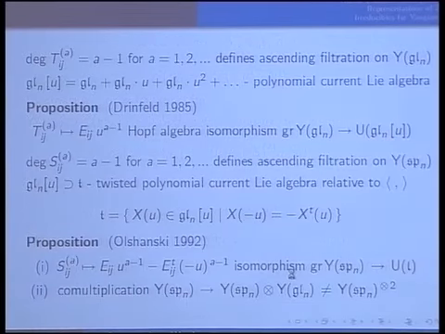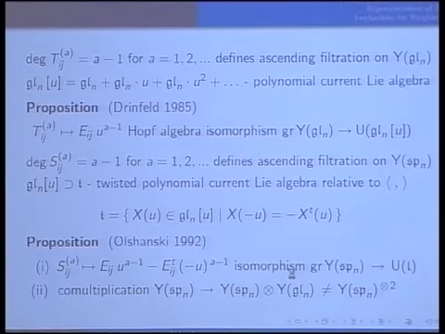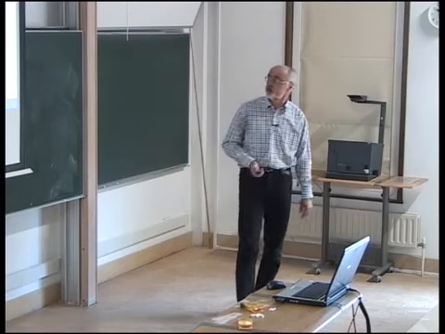This algebra can be viewed as a deformation of the twisted polynomial current algebra. These are polynomial functions with values in gl_N which satisfy this twist condition.